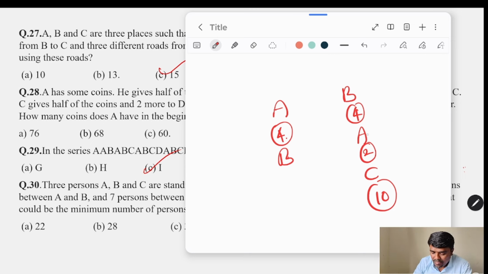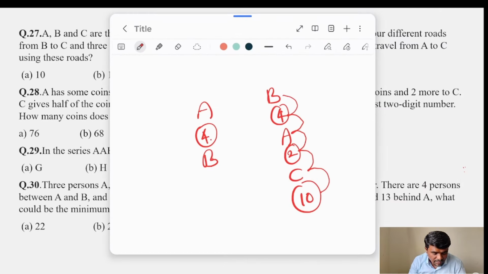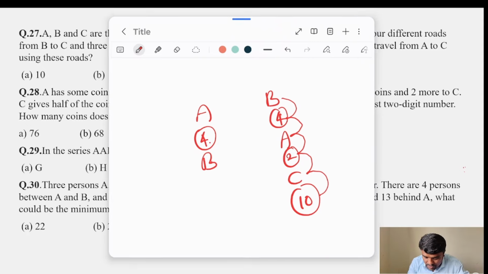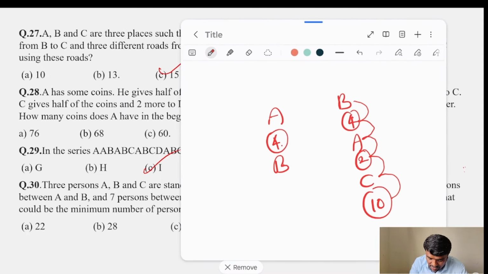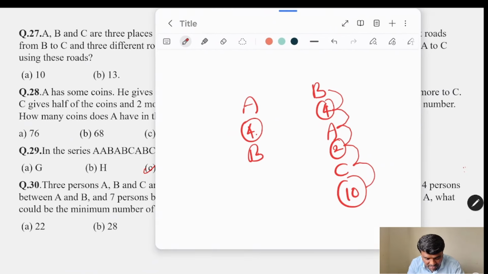Between B and A, 4 are there. Between C and B, 7 persons are there. And behind A, 13 persons are there. Let me see how many persons are there. 10, 11, 13, 14, 14 plus 4, 18, 19. Is that condition satisfied? There are 4 persons between A and B, and 7 persons between B and C.